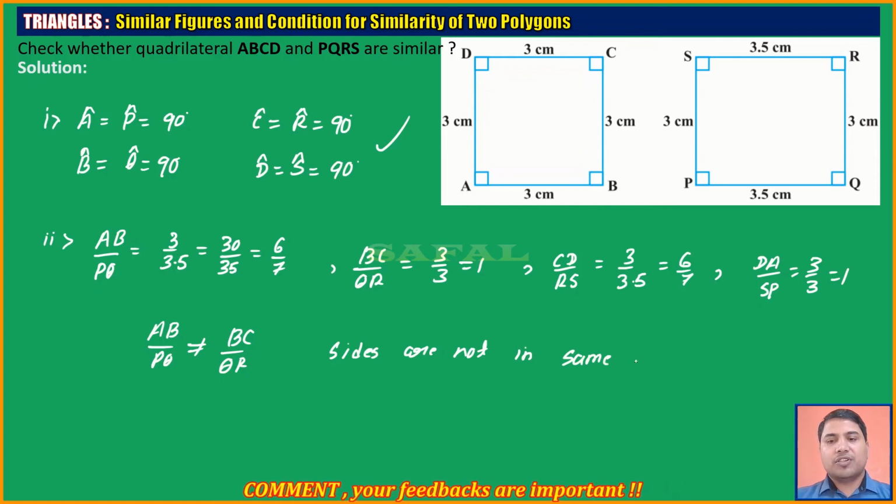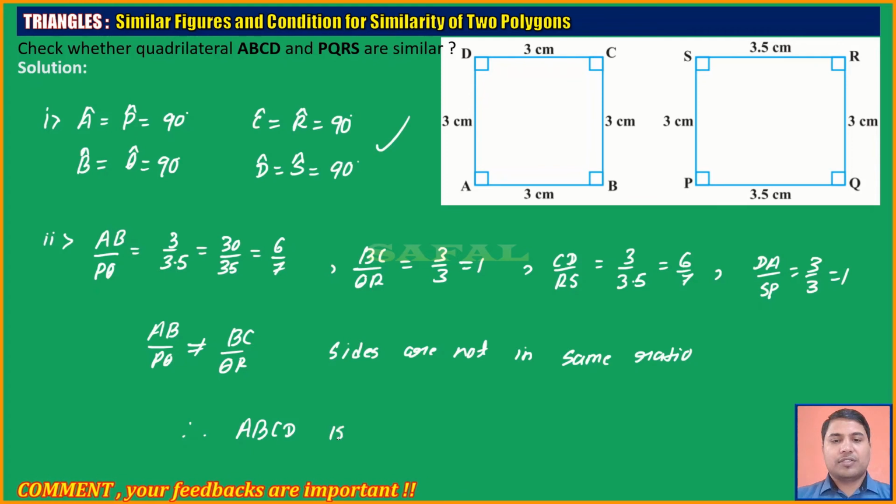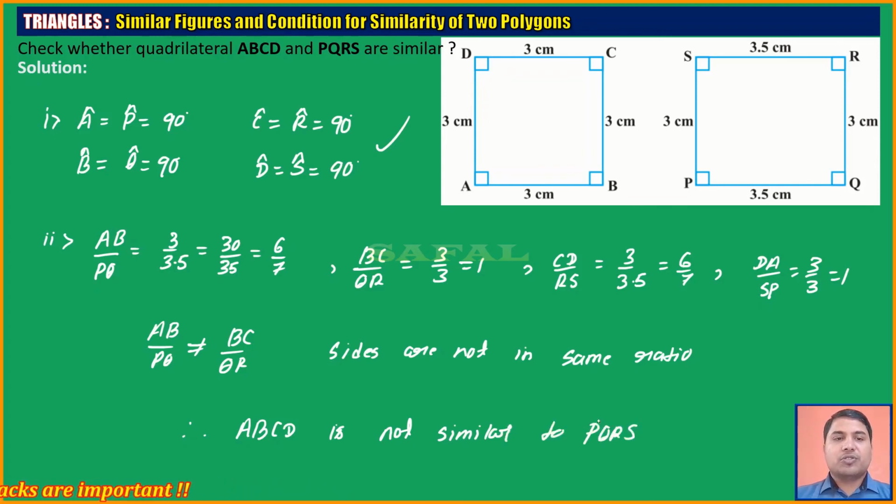One place the ratio is 6 by 7, other place it is 1:1. So the ratio is not the same. So I'll say ABCD is not similar to PQRS.